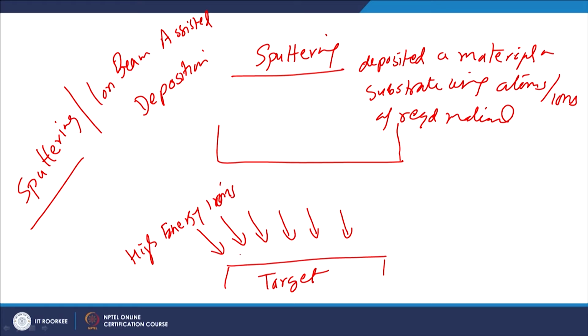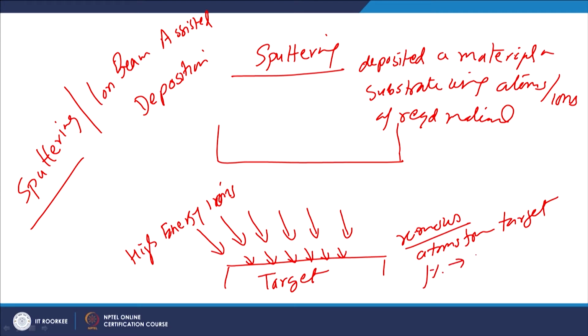So the impact of these high energy ions displaces or removes atoms from the target, as well as about 1% of the atoms coming out in the form of ions and electrons.